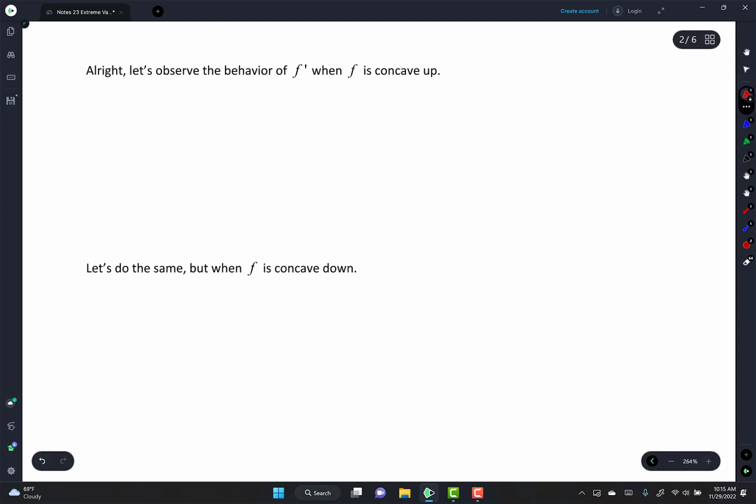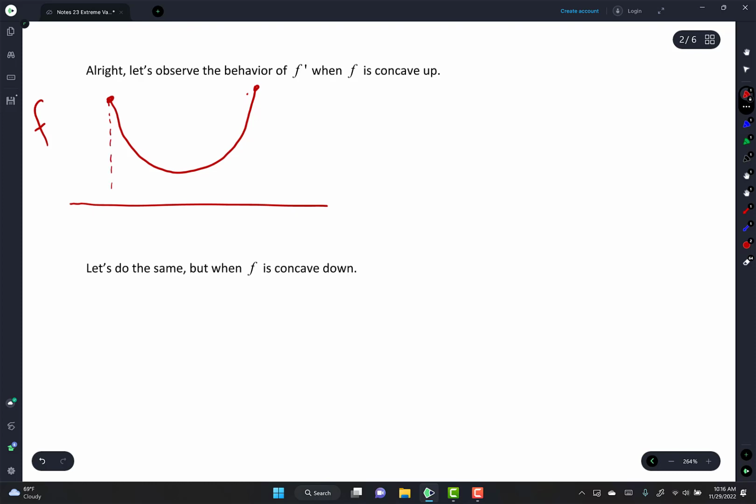So here we go. I'm going to draw an x-axis. I don't care where I am on the y scale, so I'm not going to draw a y scale. Here's my x-axis. I'm going to call this f. And I'm going to draw something that's always concave up, like a parabola. And we'll make it end.